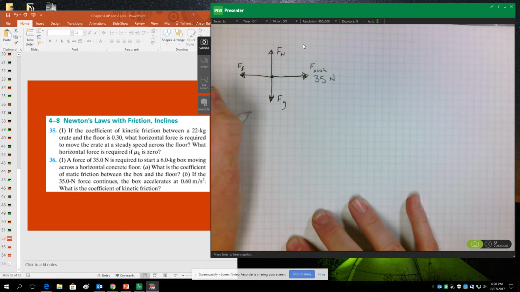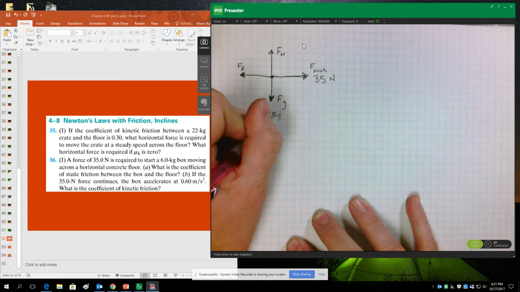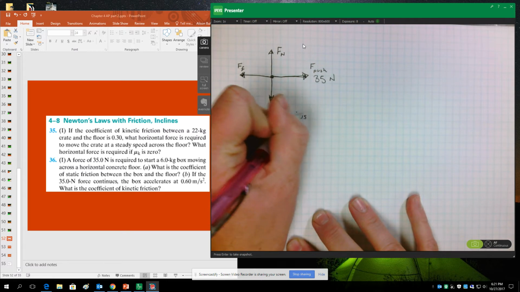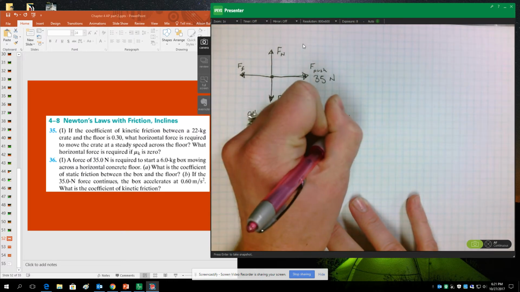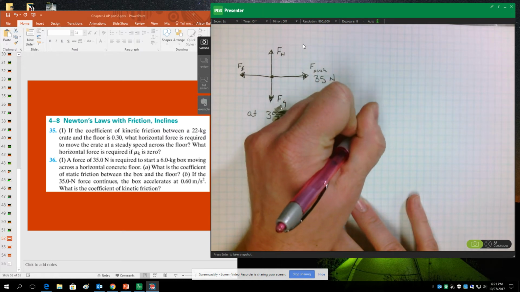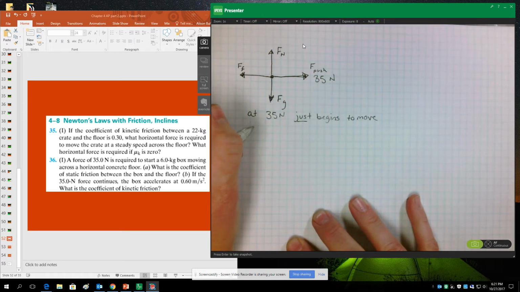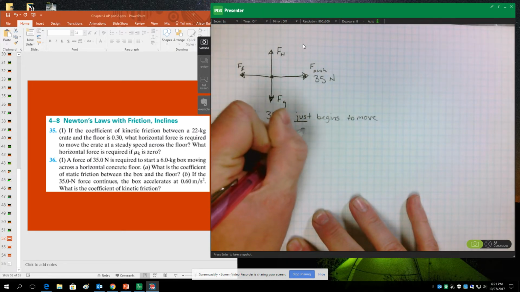At 35 newtons, it just begins to move. That is telling us that the static friction reaches its max, 35 newtons.